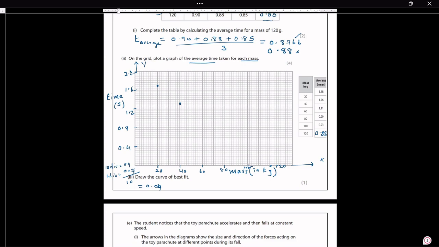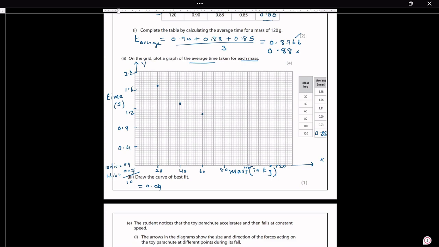So this is 0.8, 0.84, 0.88, 0.92, 0.96, 1.0, 1.04, 1.08, and so this will be somewhere here.